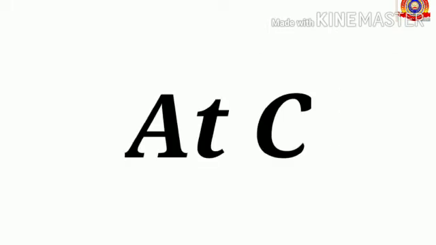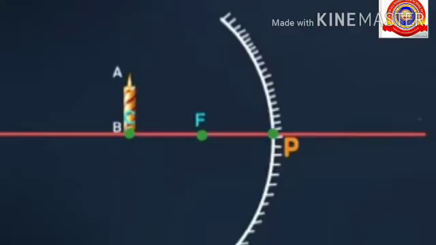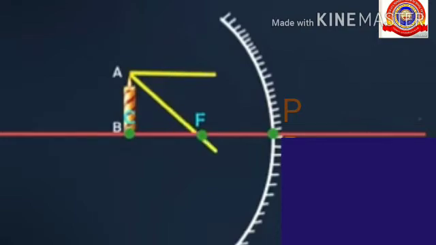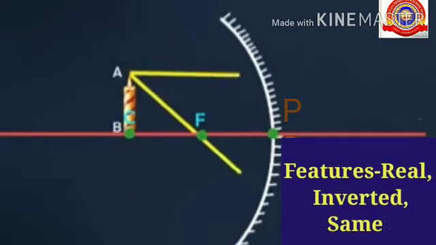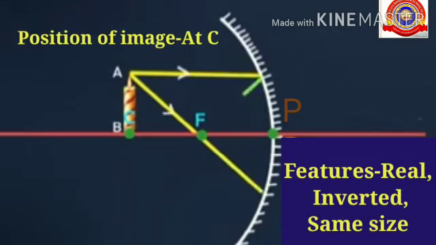Next one, the position of the object at C, that is, at the center of curvature. Here you can see the object is placed at C, and one of the rays of light goes parallel to the principal axis, and after reflection it goes through the principal focus.